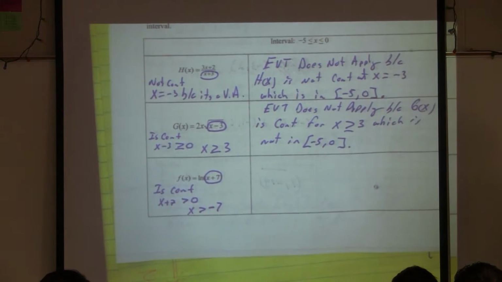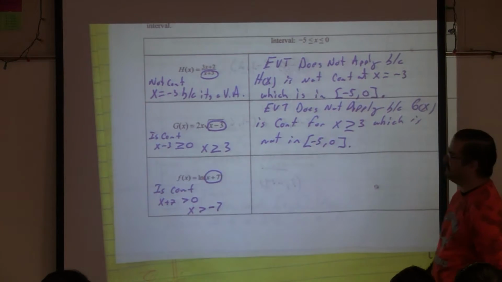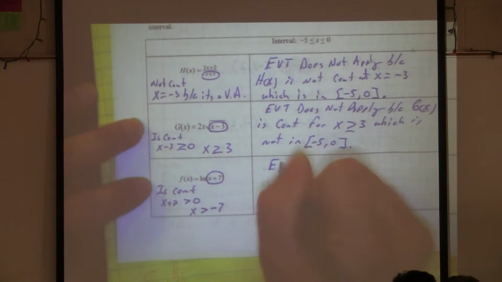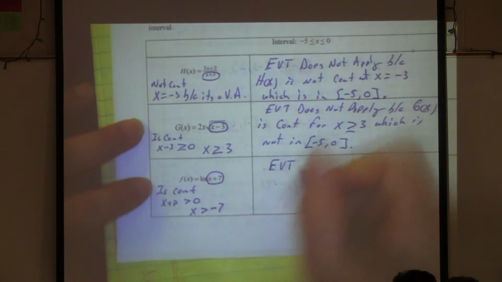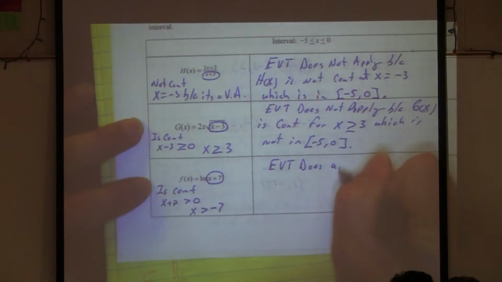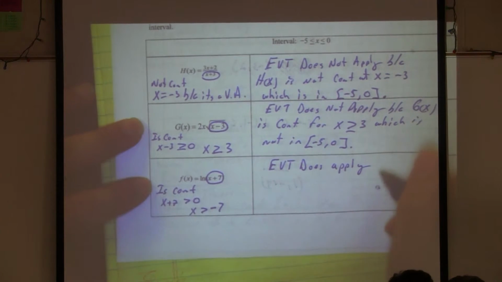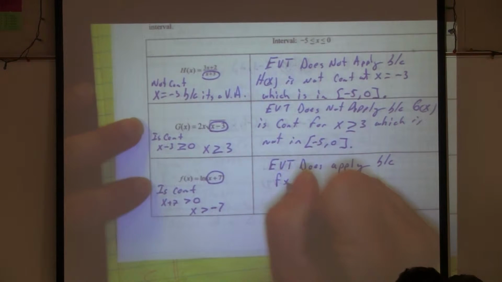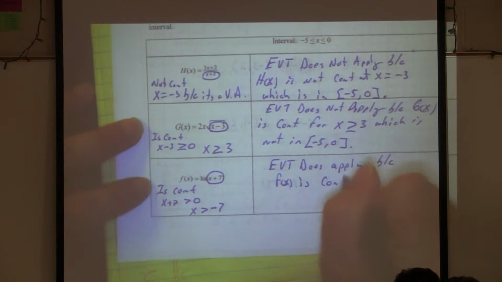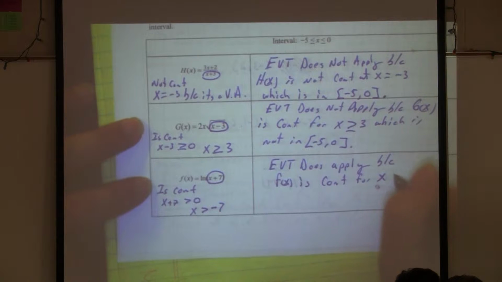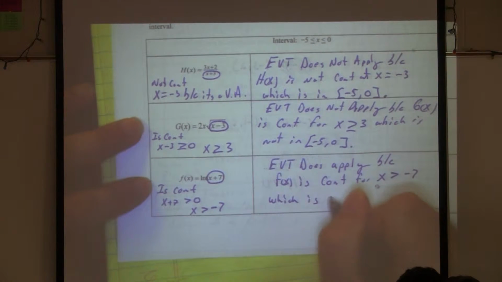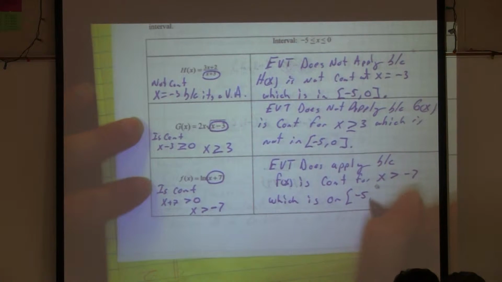Okay. So, does EVT apply for this one? Yes? So what will you say? EVT does apply because f of x is continuous for x's that are greater than negative 7, on the interval negative 5 to 0.